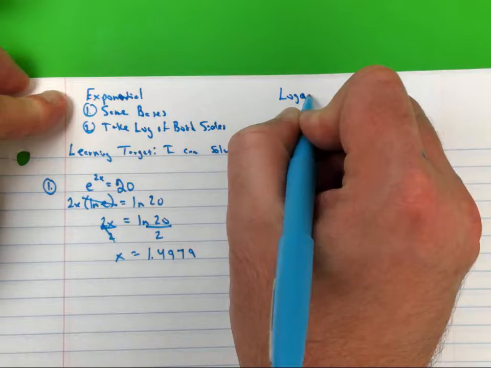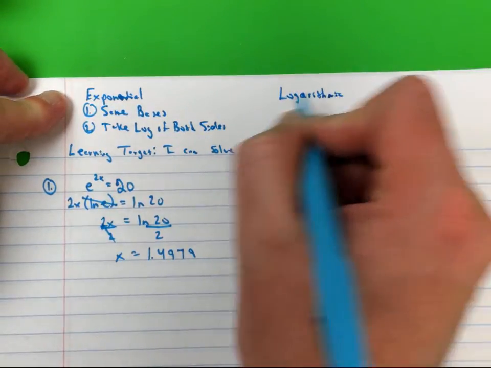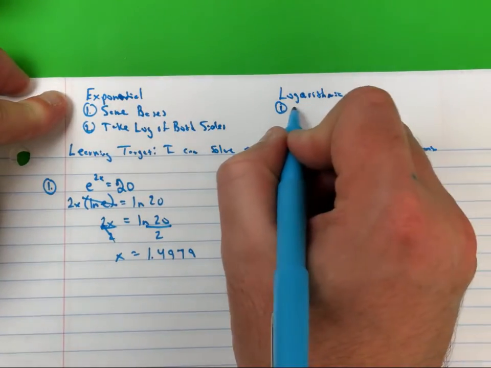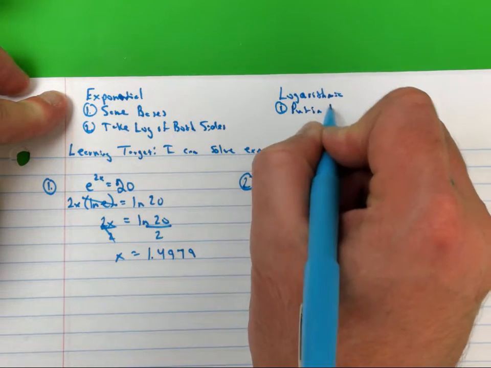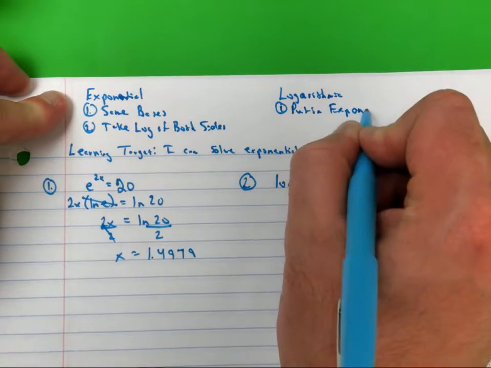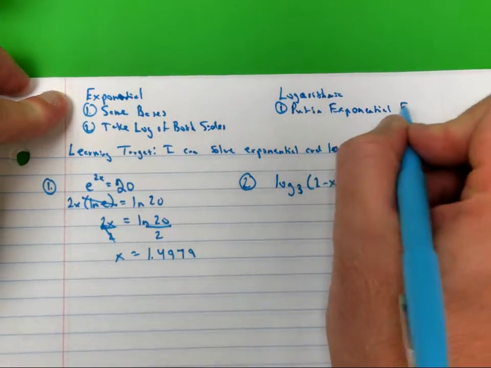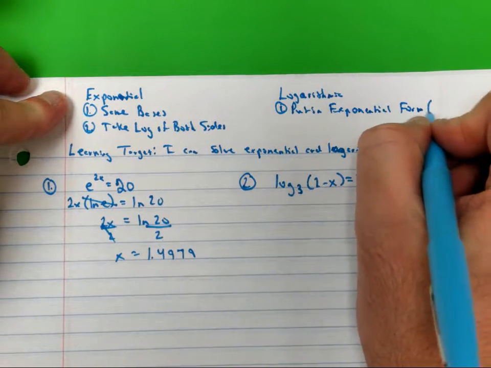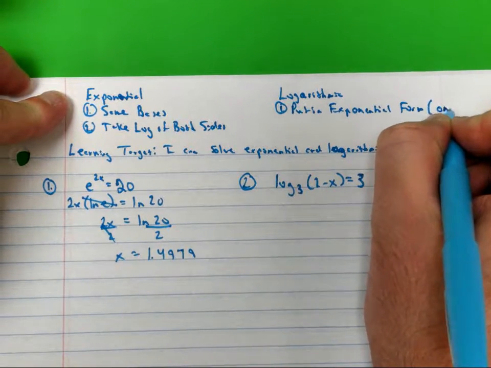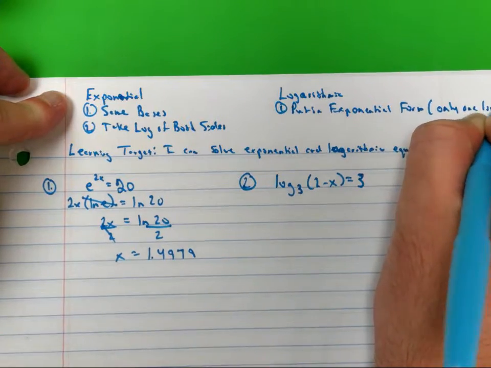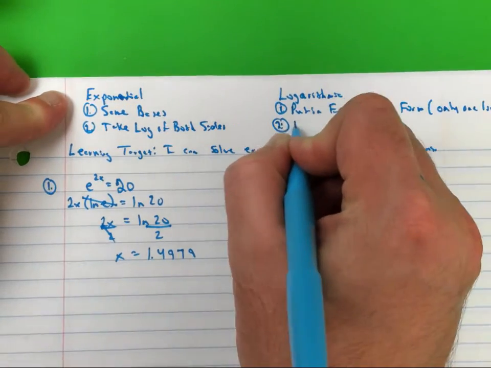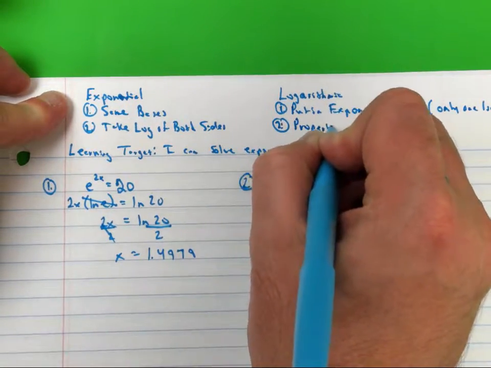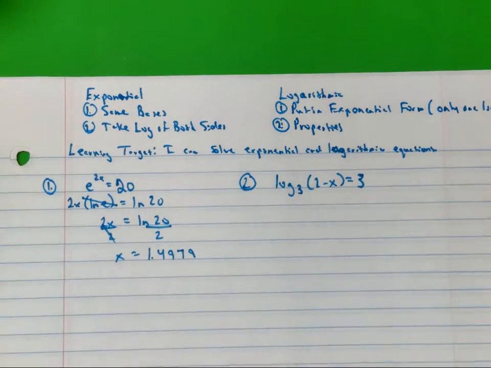Logarithmic: put in exponential form if there's only one log present in the problem, or you can use your properties.